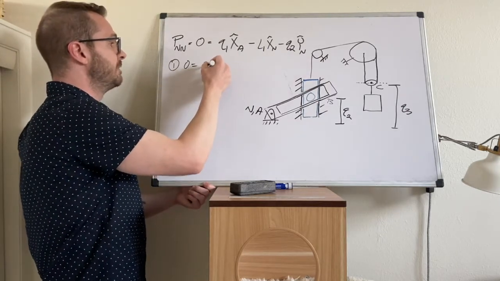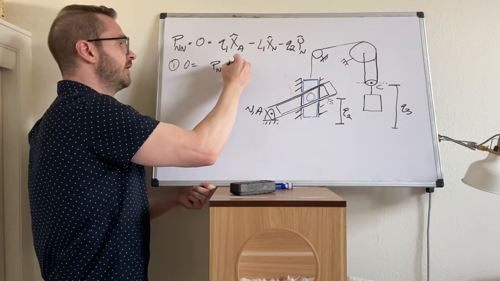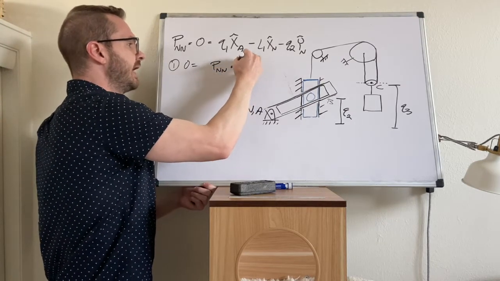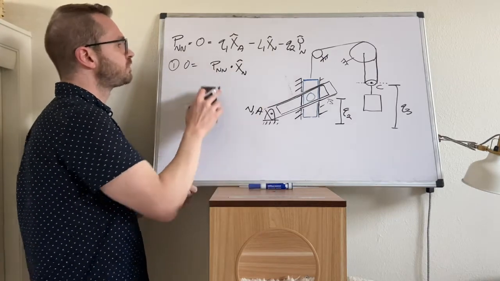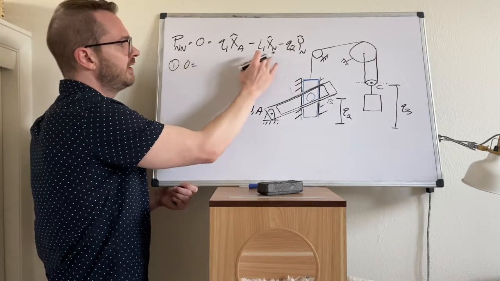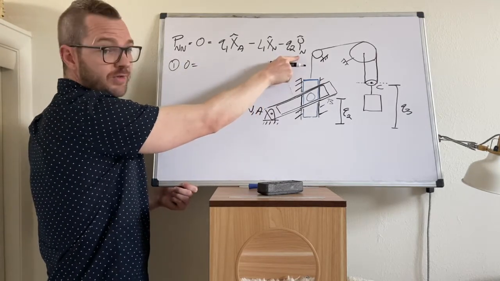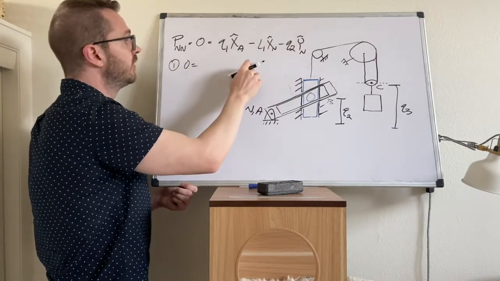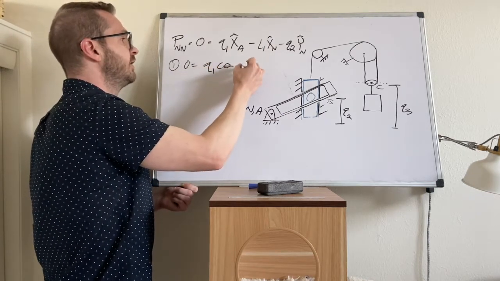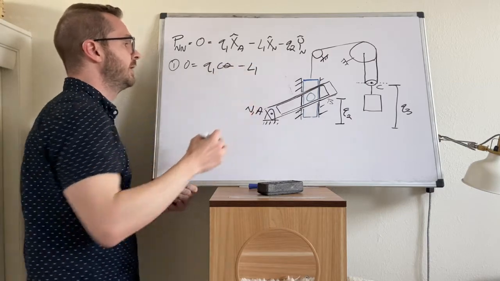I'll just write it here and I'll erase it in a moment. So we're going to do Pn to n dot x hat n, right? When we dot these with x hat n, this one's in the y hat n direction, so that one goes to 0. We're going to have Q1 cosine theta minus L1.